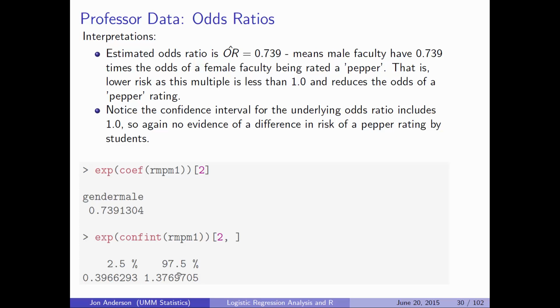And so an odds ratio of 1 is a reasonable thing to say about the population generating these data, and so not enough evidence to rule out an odds ratio of 1 between males and females. In other words, we can't rule out the fact that there really could actually be no difference in risk of getting a pepper rating.